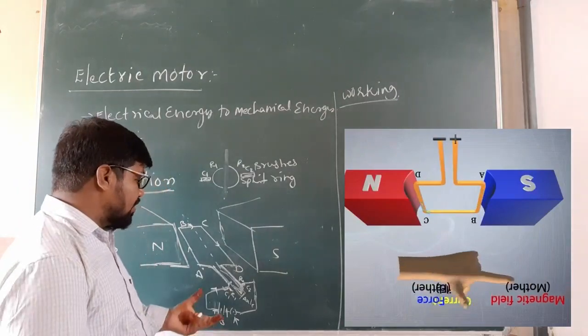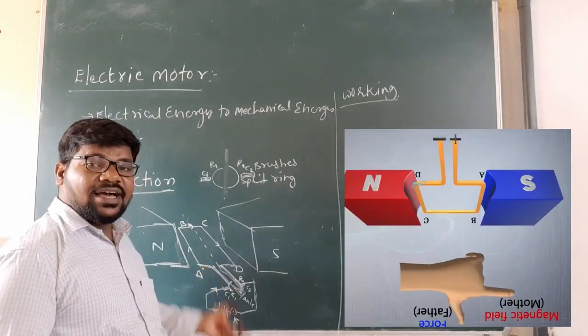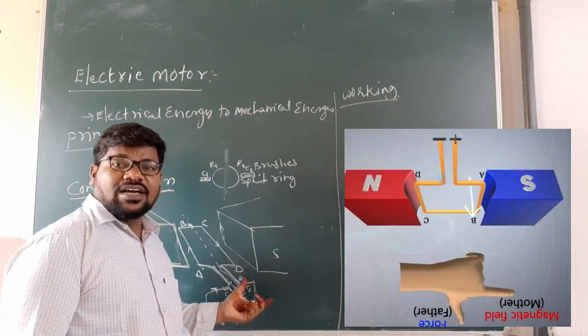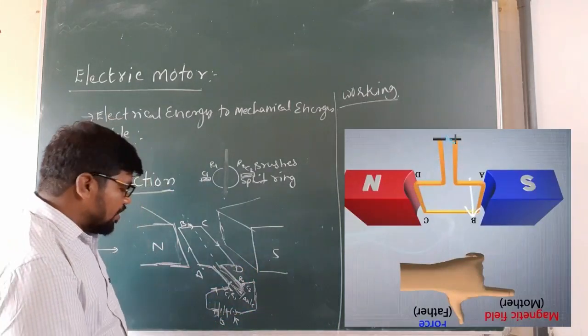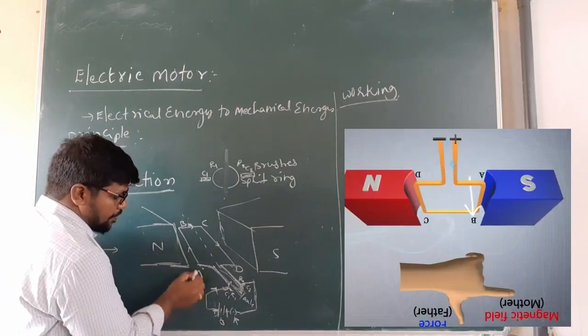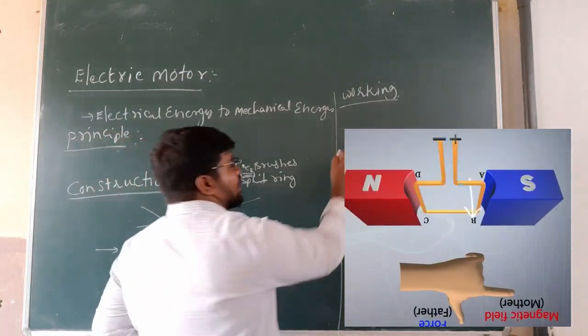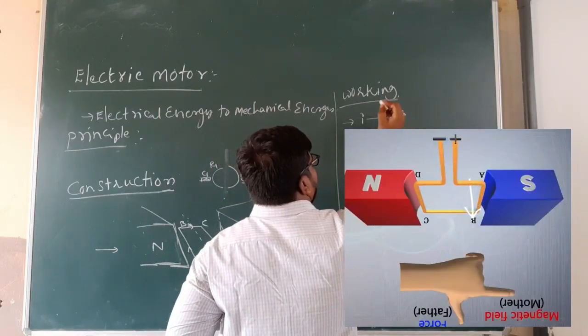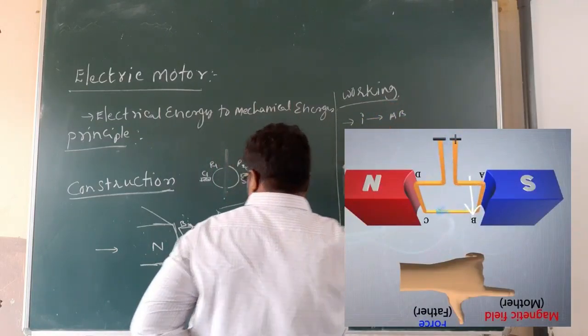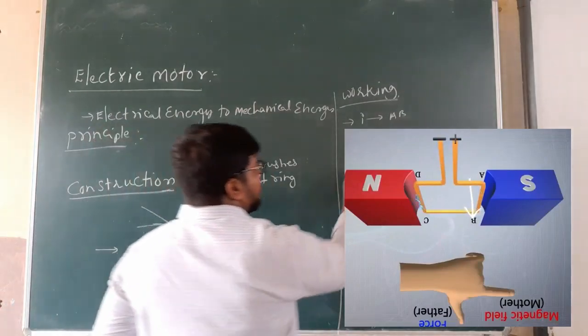Got it, my children? Here we can see how the coil will rotate. When the current passes through AB, at the same time current passes through CD.